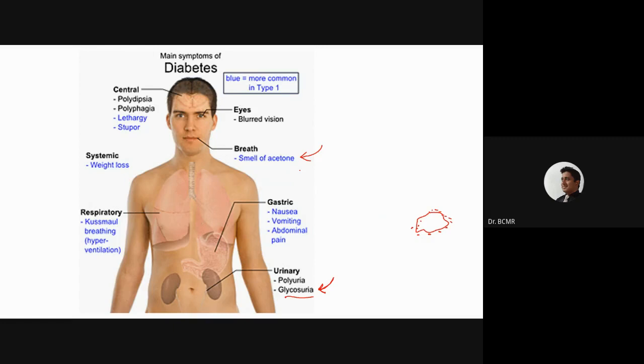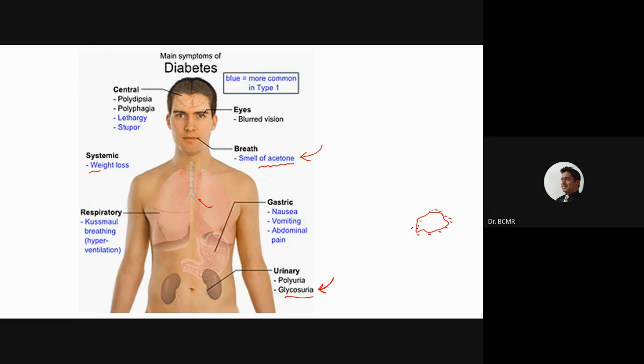In type 2, because the cells are not responding to the insulin signal. So as a result, the cells will be forced to use other alternate means, like gluconeogenesis and other pathways. Probably those byproducts may come off through the lungs, any volatile things, and that might smell like acetone.